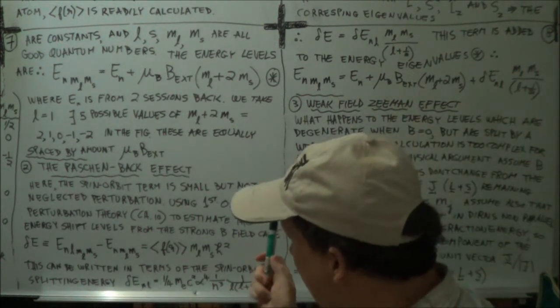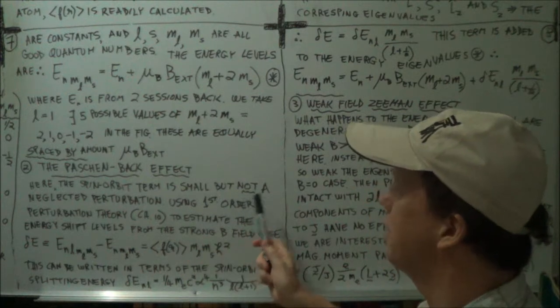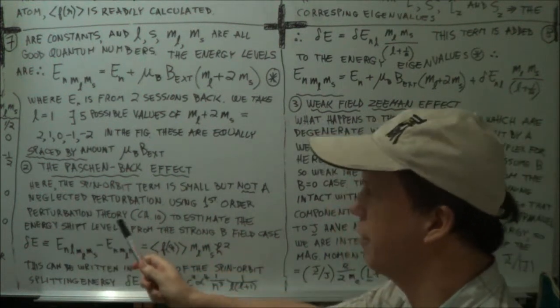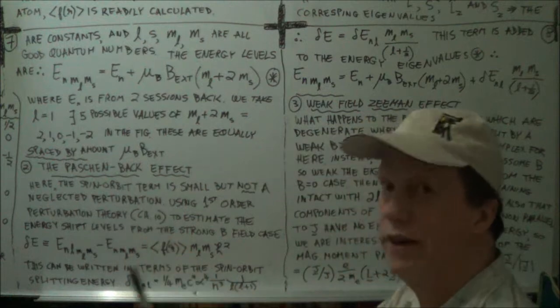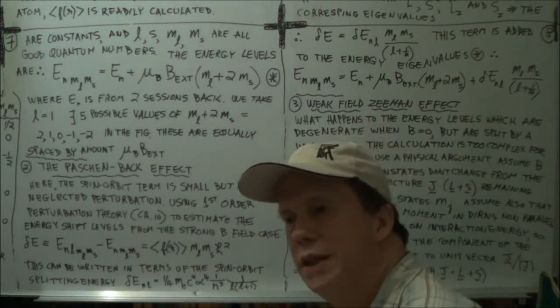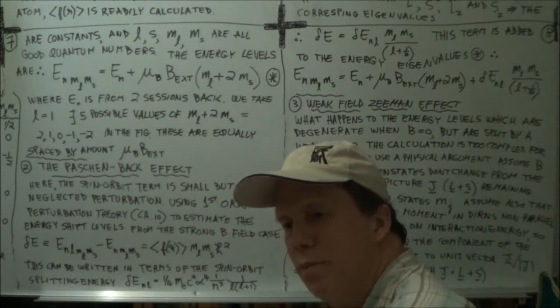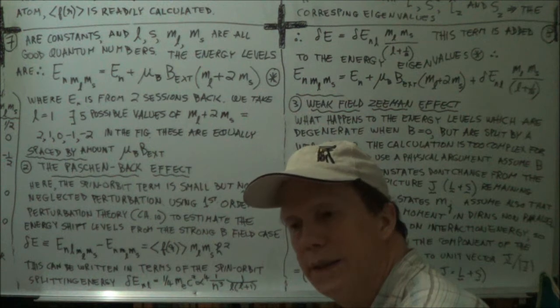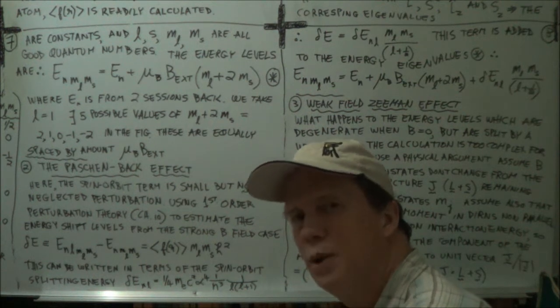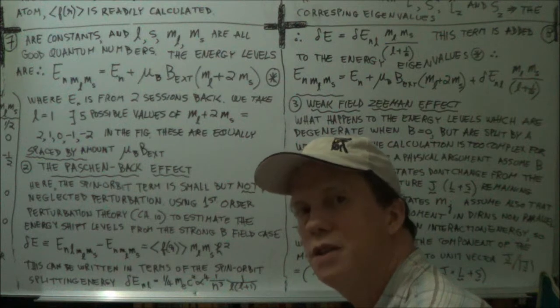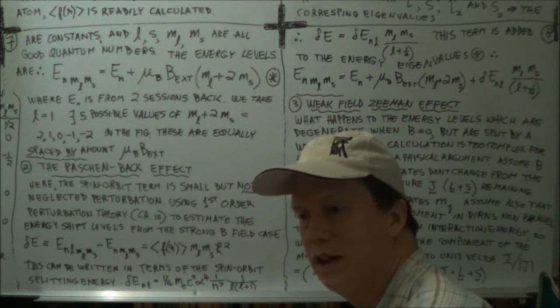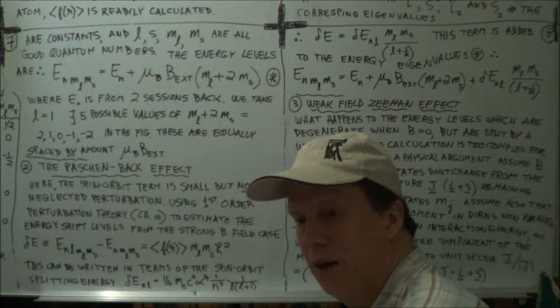So you will use a technique called first-order perturbation theory from chapter 10. Chapter 10 is about perturbation theory. And what does it mean to perturb? It means to add a small term to the Hamiltonian that will change the eigenfunctions a little bit and change the eigenvalues a little bit.